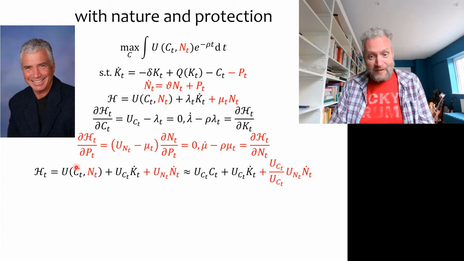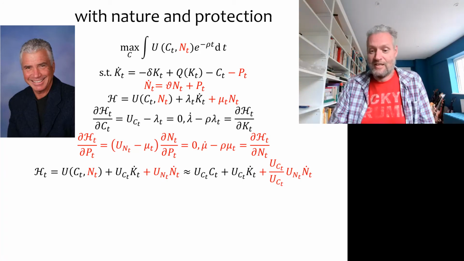This thing here we can still linearly approximate with marginal utility times consumption, so nothing has changed there. This thing is as it was here, and what we do here is that we pre-multiply it by u sub c over u sub c. So we pre-multiply it with 1. So nothing has changed here either.